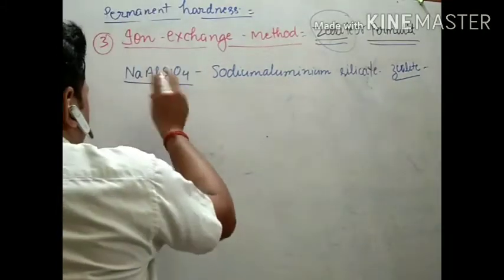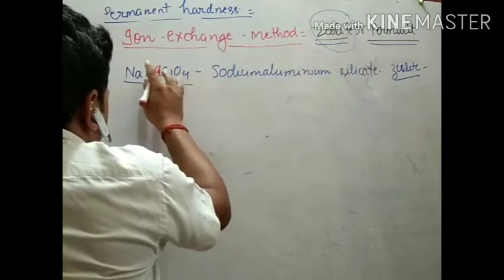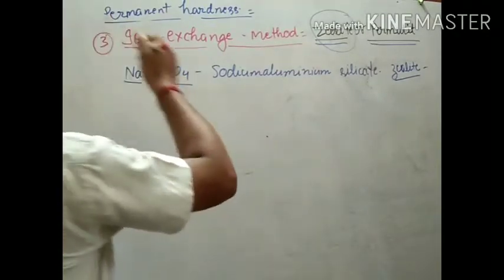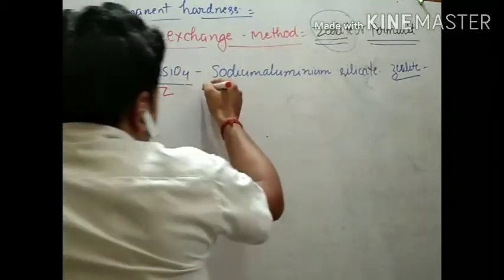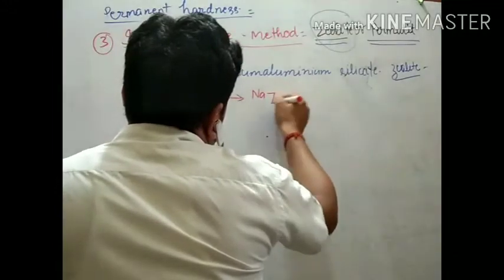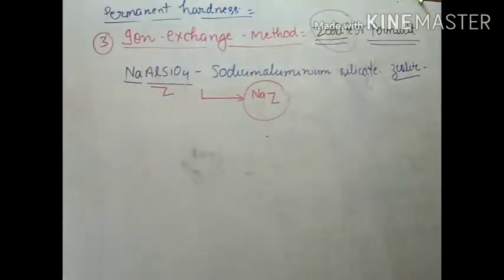Instead of the SiO4 part, we can write NaZ. So we have NaZ in the zeolite method.